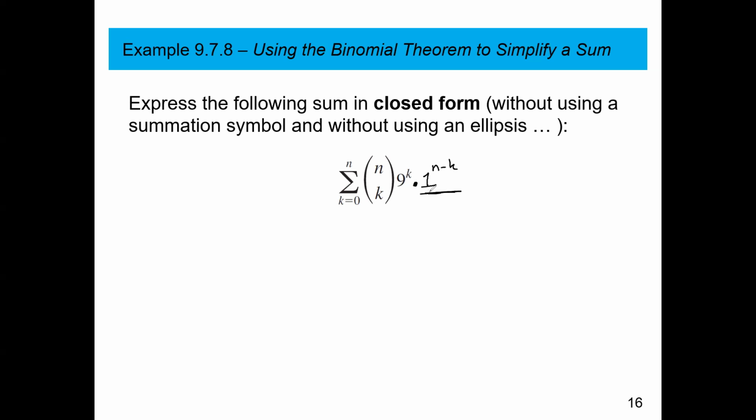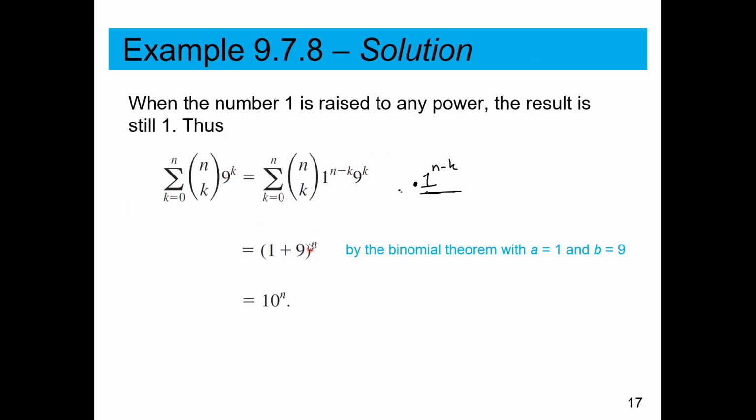But if I write it like this, the sum of these two powers is n, and that tells me I'm going to have (1 + 9) to the nth power, because what we have here is actually the binomial theorem. Remember, this was what the binomial theorem was. So I get (1 + 9) to the nth power, which is 10 to the nth power.